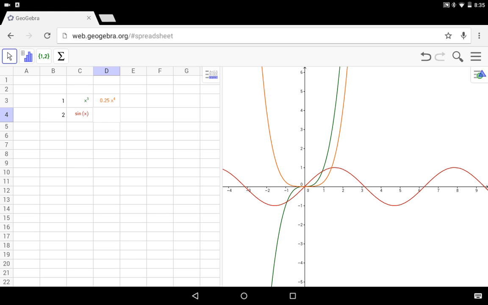So not only is it a spreadsheet, it's actually a spreadsheet that allows you to put in all your symbolic mathematics.